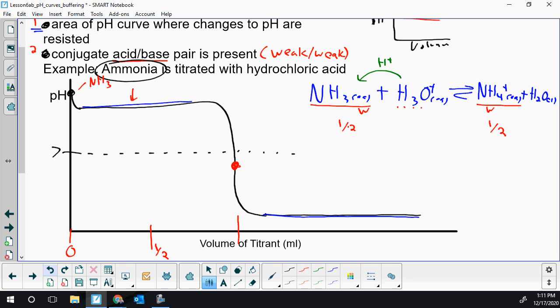If I had 1 unit of ammonia at the beginning, I've only added half a unit of acid. I'm only halfway through this reaction. So there's half the reactants left over and half the products made.